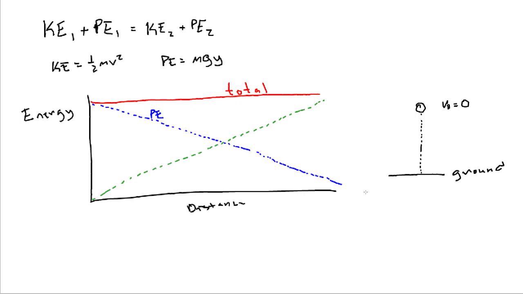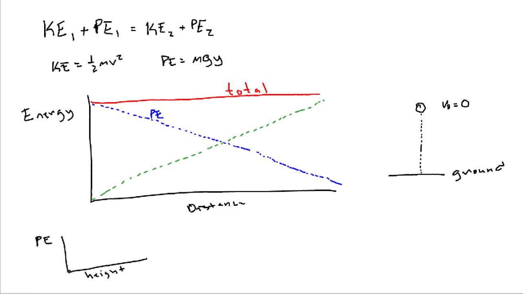So let's say I've got another graph, and this is just a graph of potential energy versus height. So if I've got no height, what's my potential energy? Well, I have none. It's 0.